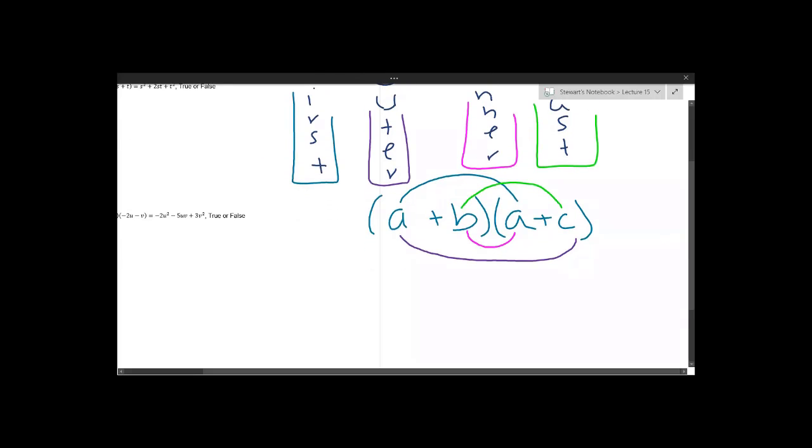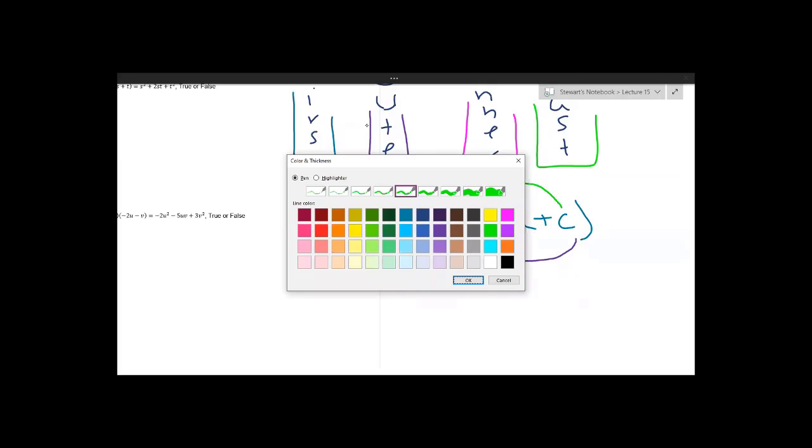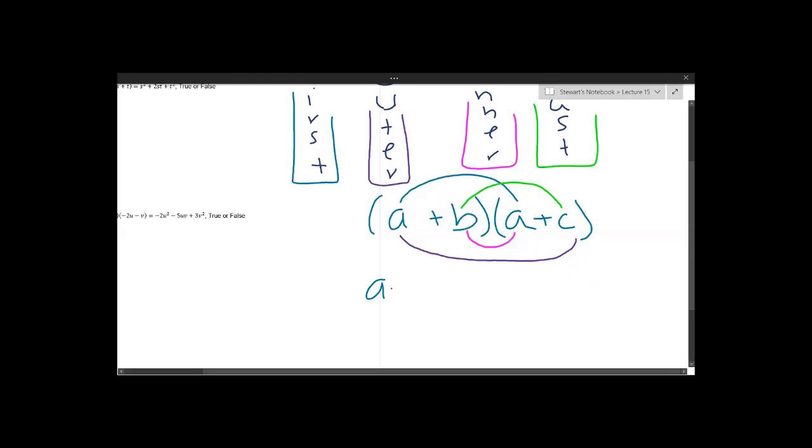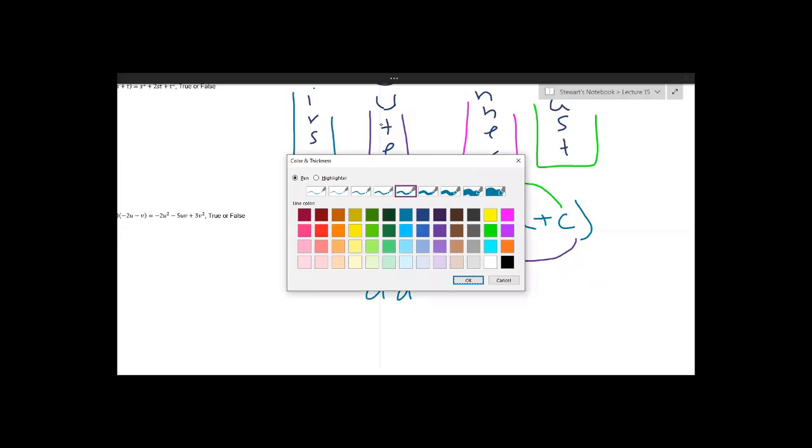So when we perform this multiplication, what you're really evaluating here is a times a, and that was first. Then the outer would be, and you always keep the signs that were in the middle, in this case just two additions. It's essentially like a harder version of the distributive property.